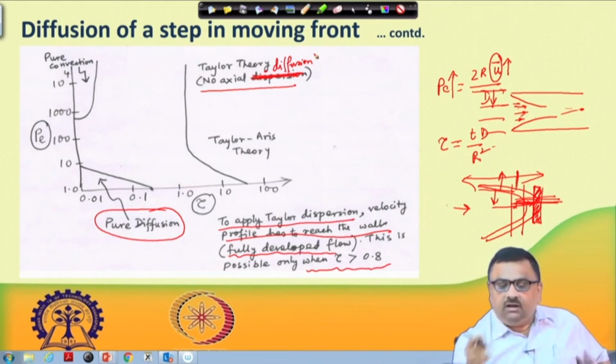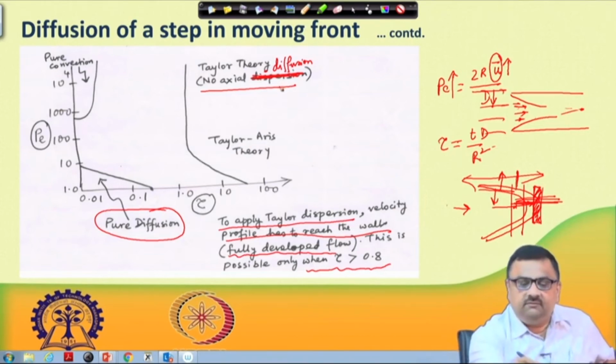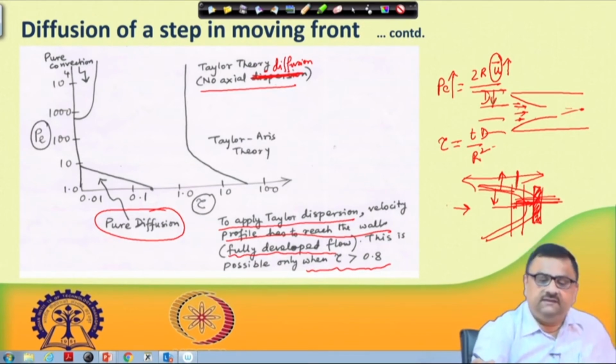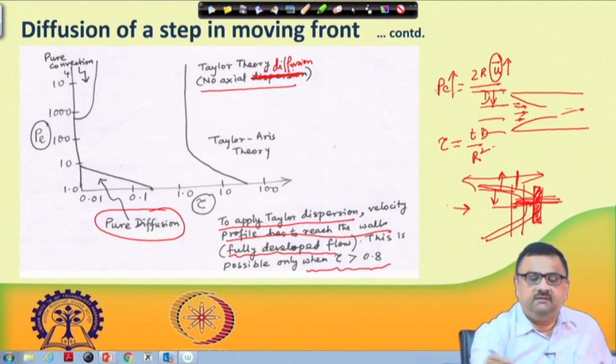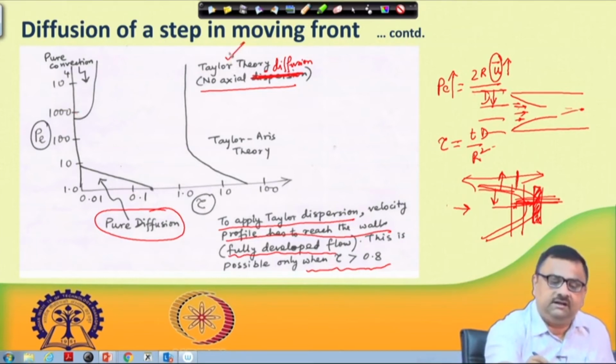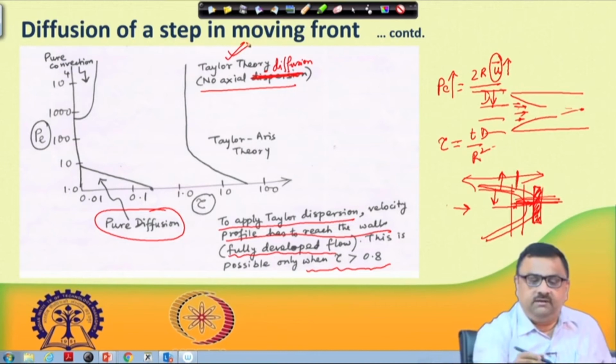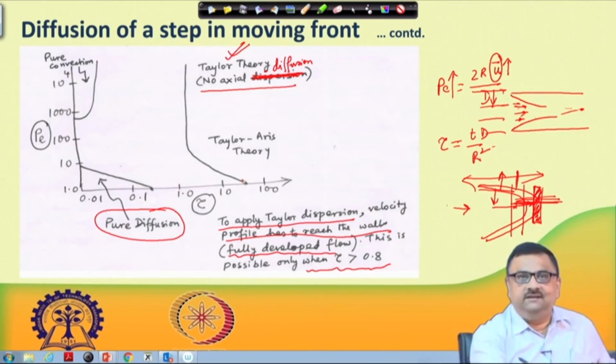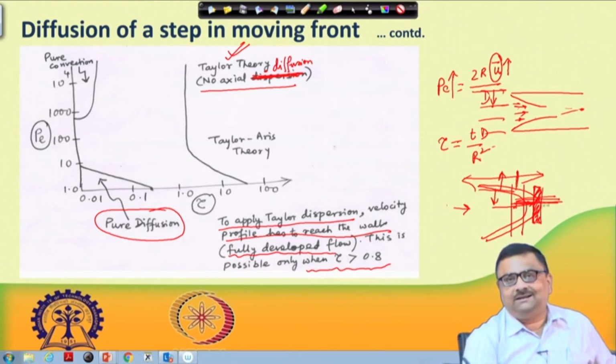So, obviously, this is applicable when D is not that large, D is not that significant, and this is happening when Peclet number is large. So, when Peclet number is large, Taylor's theory is good enough, but when Peclet number is small, that means diffusion coefficient is large, it would not be wise to ignore axial diffusion.